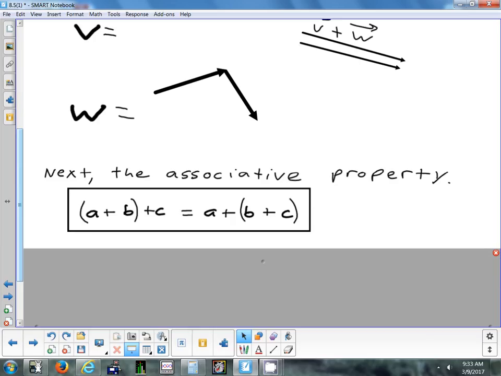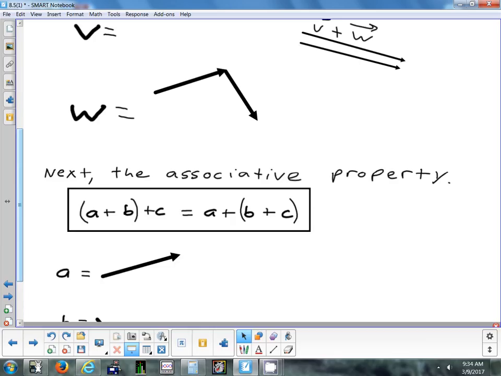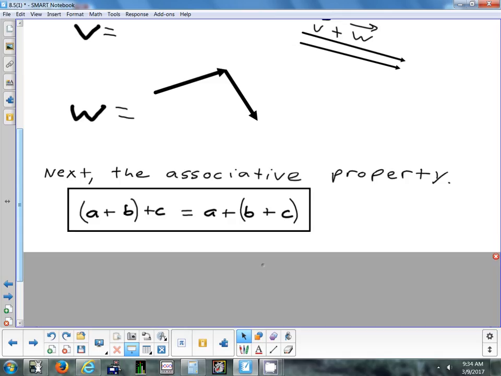Or I could add B and C first and add that onto the end of A, and I would get the same thing. Okay, you've done the same thing with numbers, like 1, 2, and 3. So that associative property that you know for numbers, it works exactly the same for vectors. Okay, I'm just not going to go through and show that one.